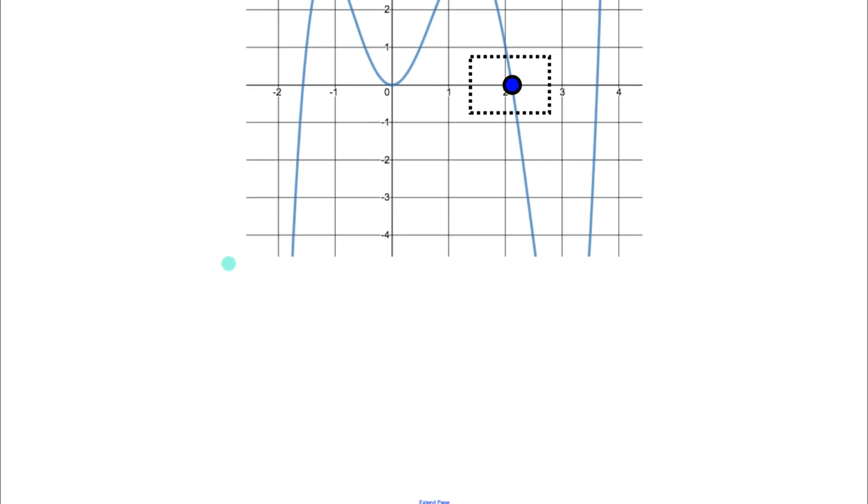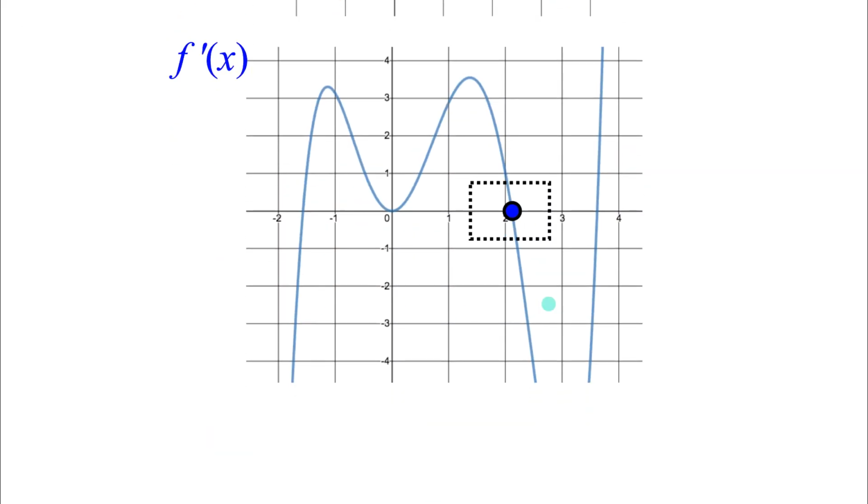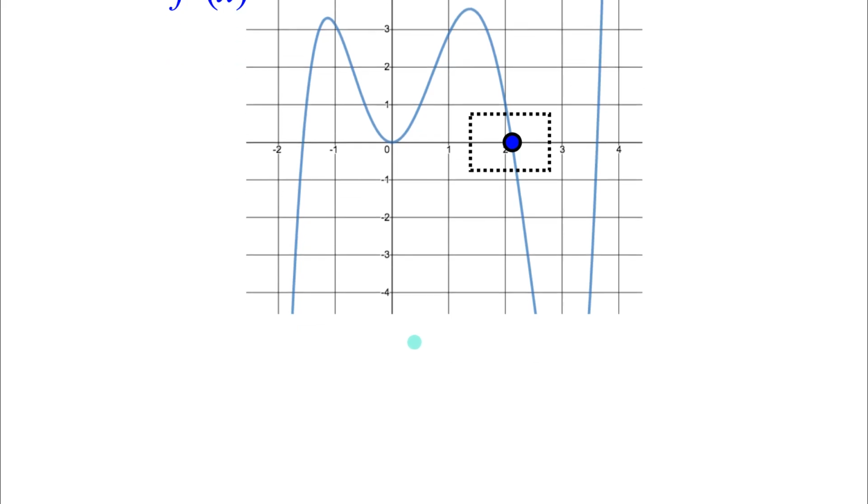So let's comment on how we can tell if there's a local max from the derivative. I can tell there's a local max if, first of all, the derivative is 0 at an x value, and before that x value, the derivative is positive, and after it is negative. So there's a local max if the derivative is 0 at the point, and the derivative switches from positive to negative around that x value.